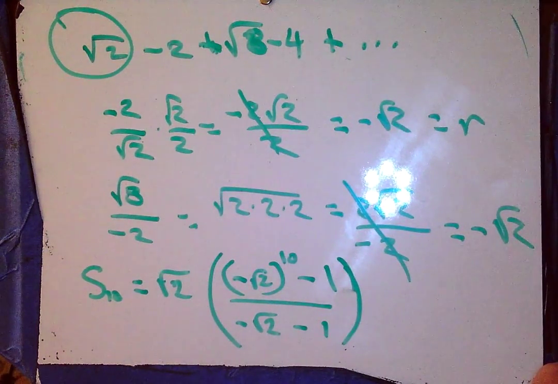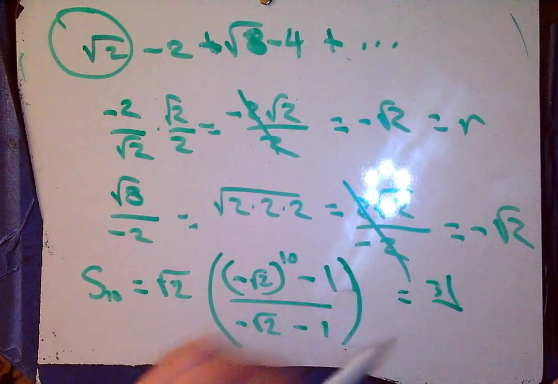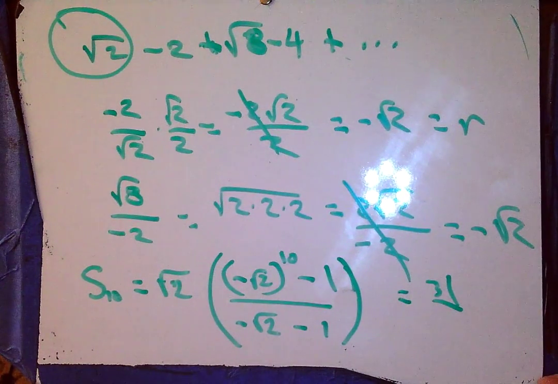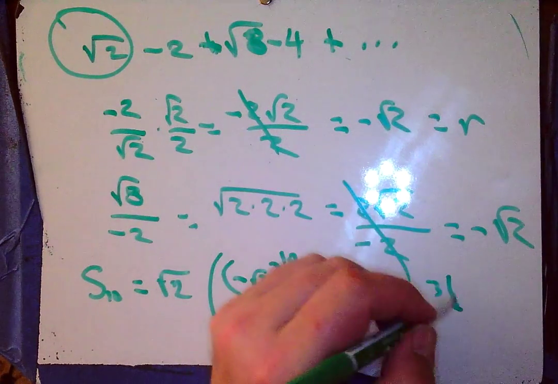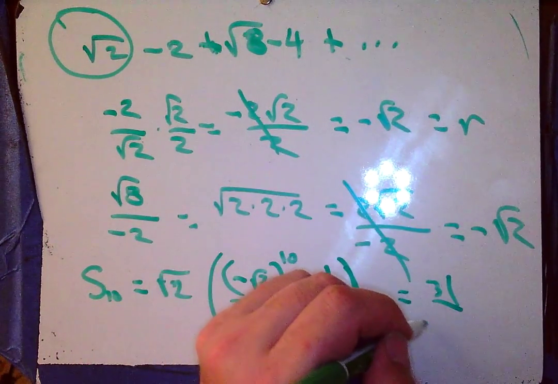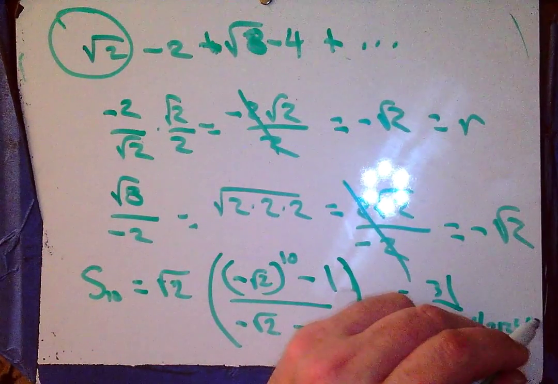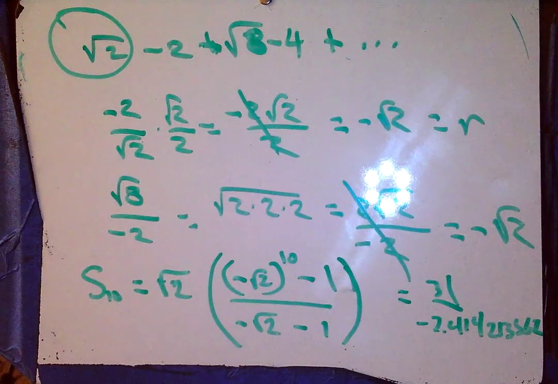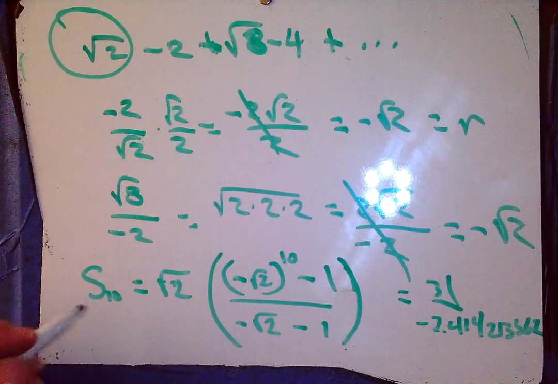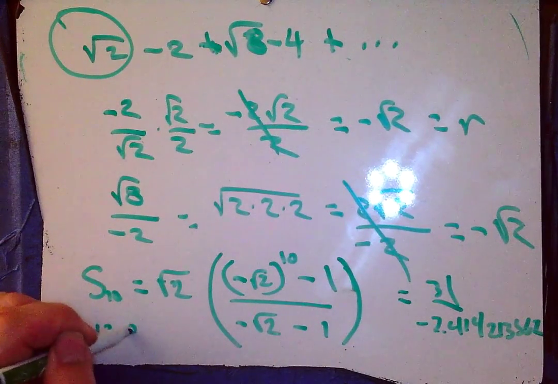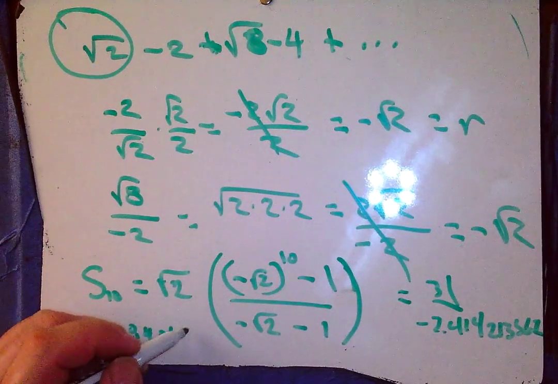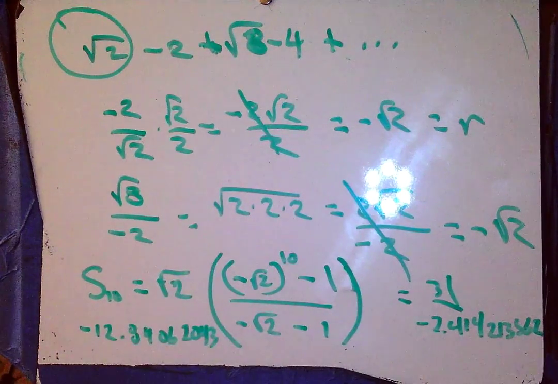So I want that value raised to the 10th, and then subtract 1, and that gives me 31, and then on the bottom I have x minus 1, -2.414213562. So 31 divided by that answer, and I end up with -12.84062043.